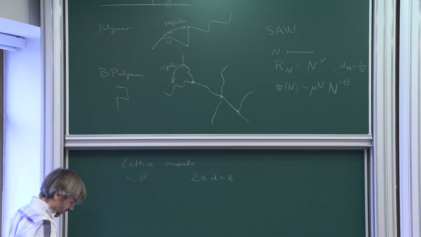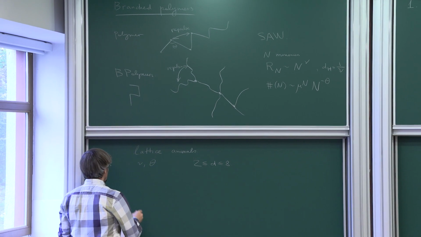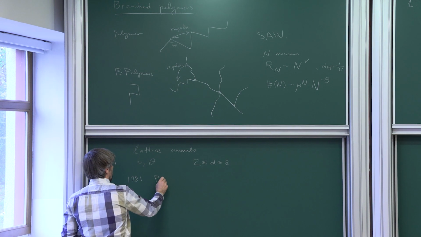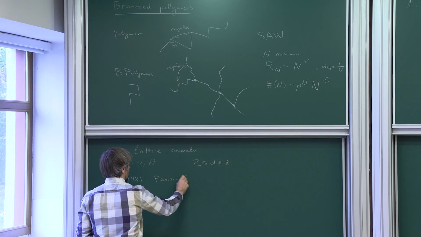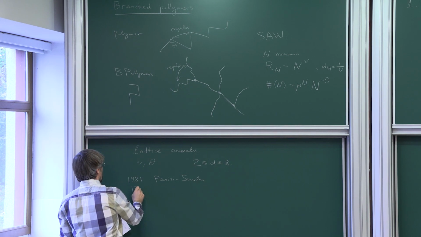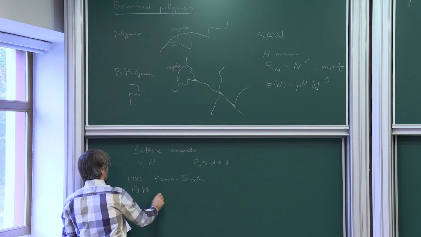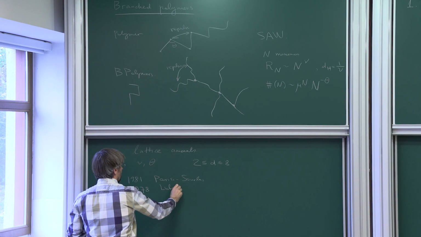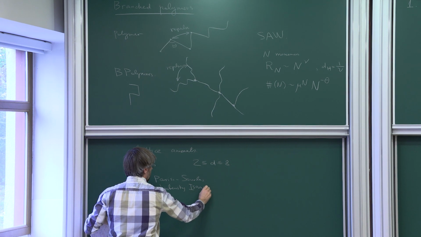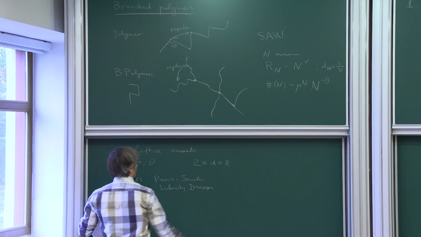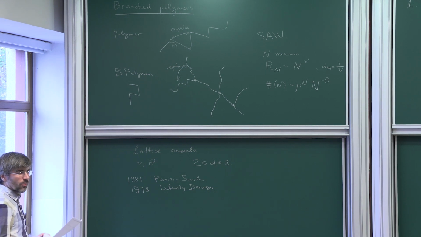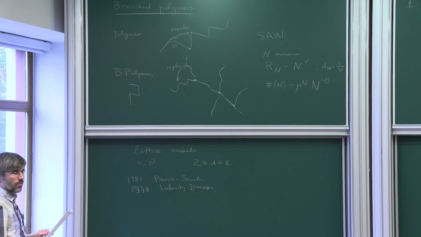However, it turns out that it was found in 1981 by Parisi and Sourlas again, who were based on some previous work, I think from '78, from Lubensky and Isaacson, that this problem is very closely related, in fact, to the problem of the random field Ising model.